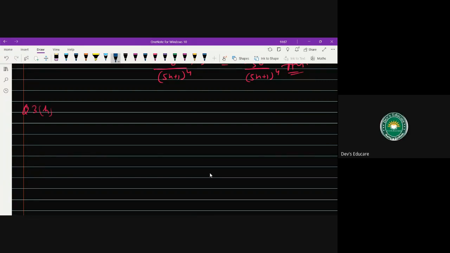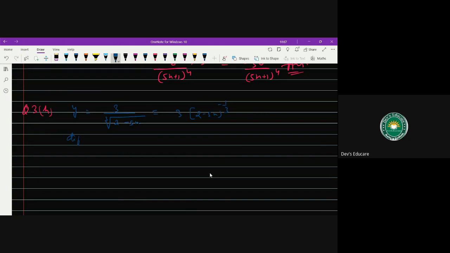Here it is. y equals 3 upon cube root of 2 minus 5x. Okay. So this will be 3 (2 minus 5x) to the power minus 1 by 3.